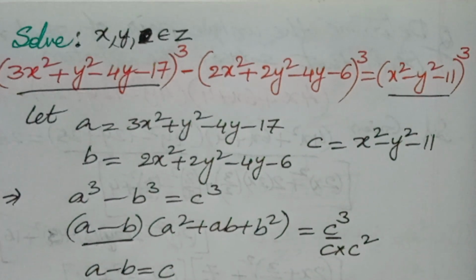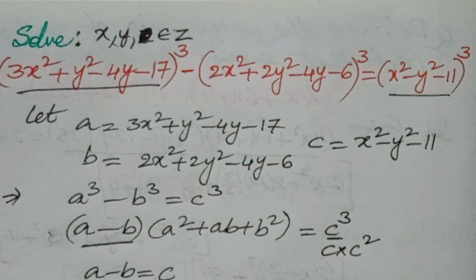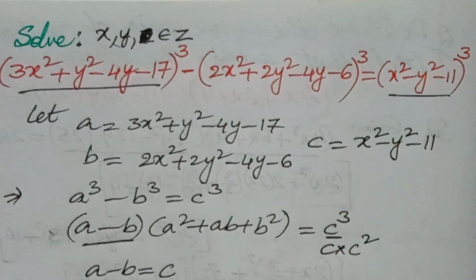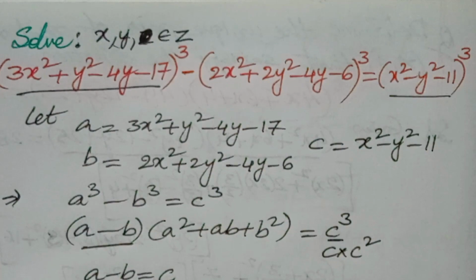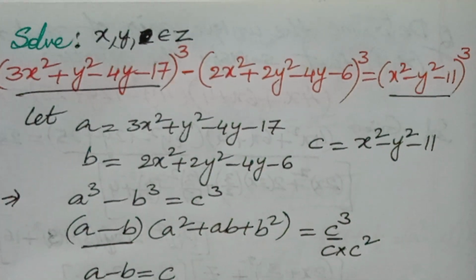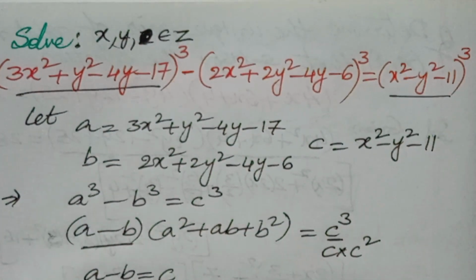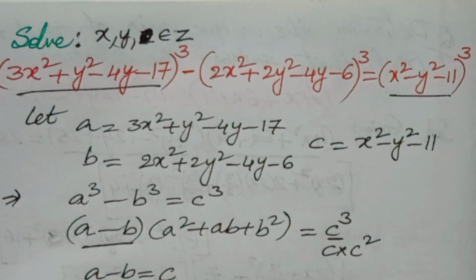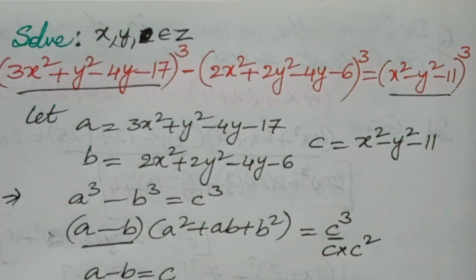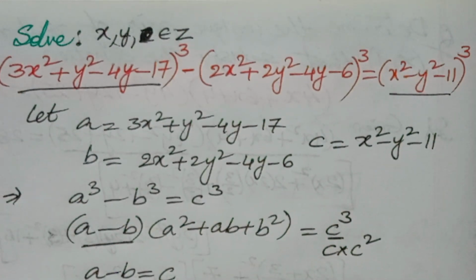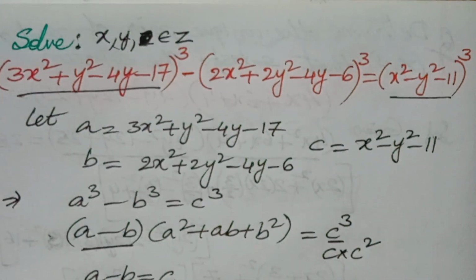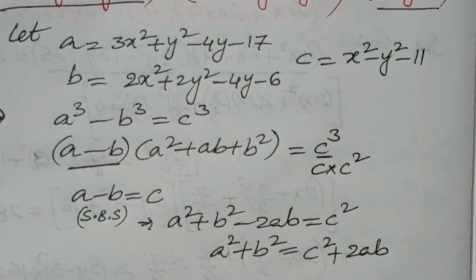Now squaring both sides, we get a² + b² − 2ab = c². Now a² + b² = c² + 2ab.